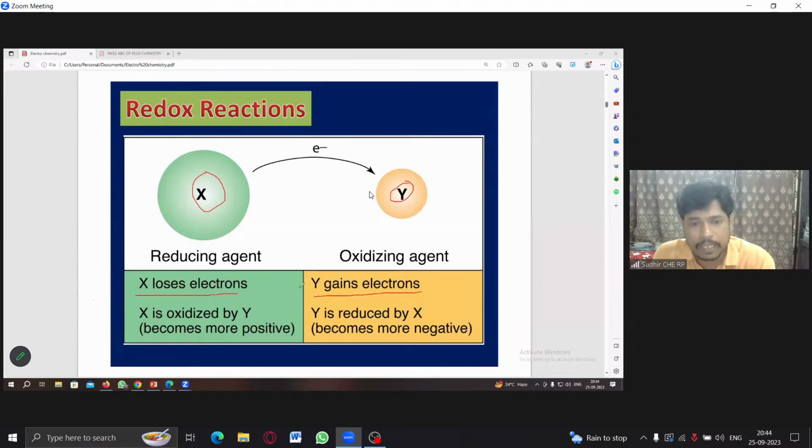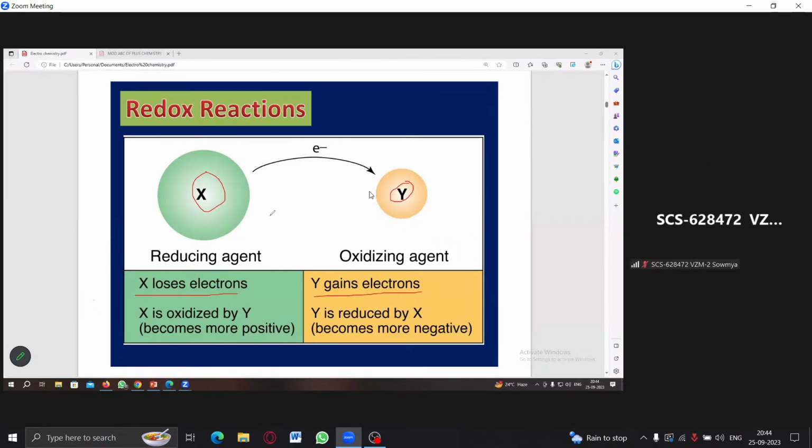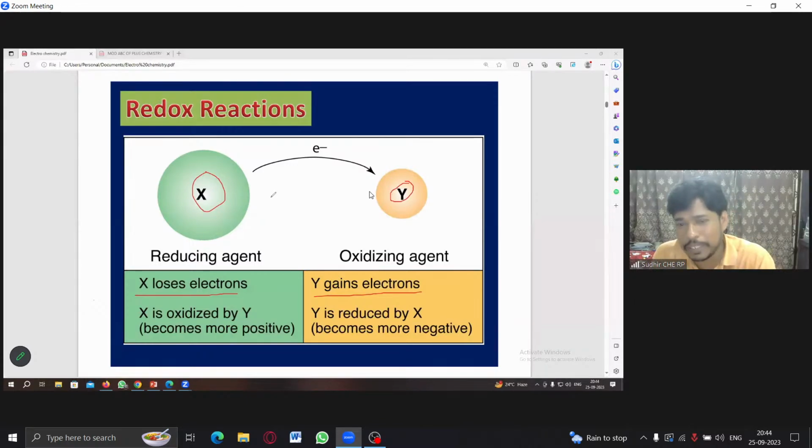Now, as per this process, is X electropositive or electronegative in nature? Electropositive, yes, very good.